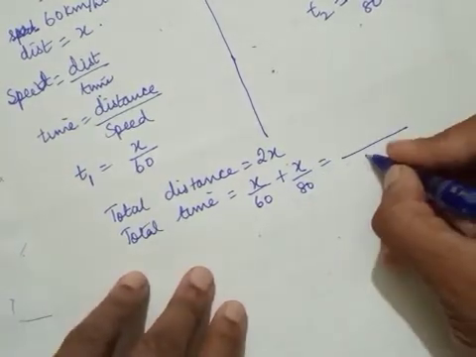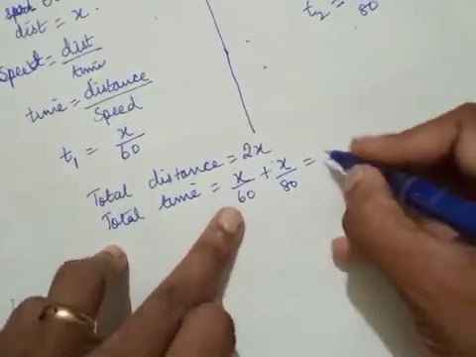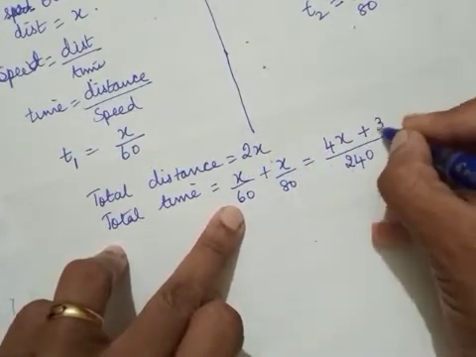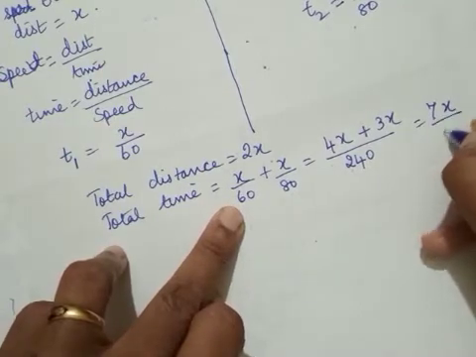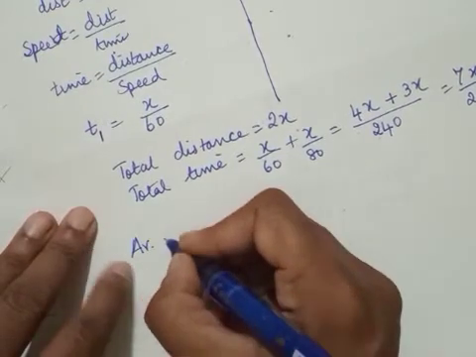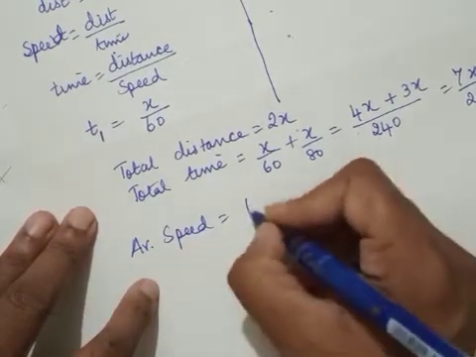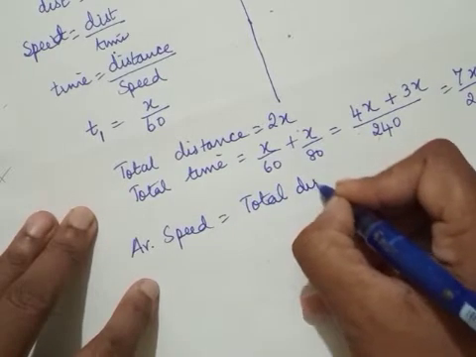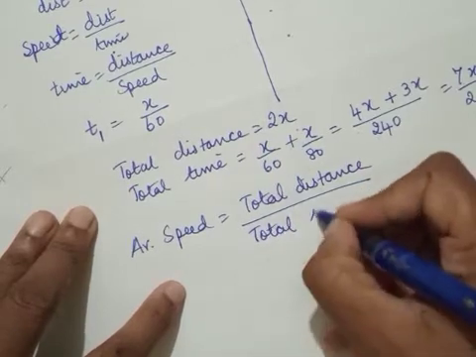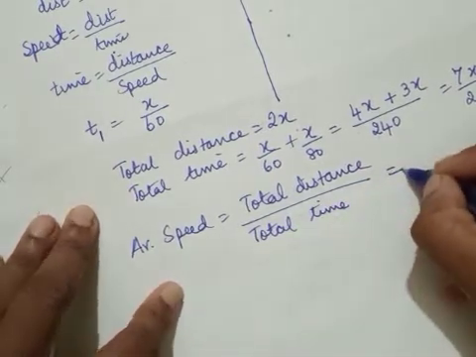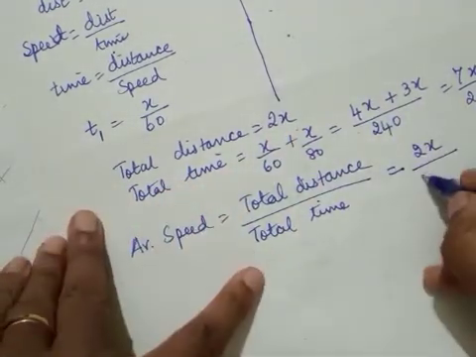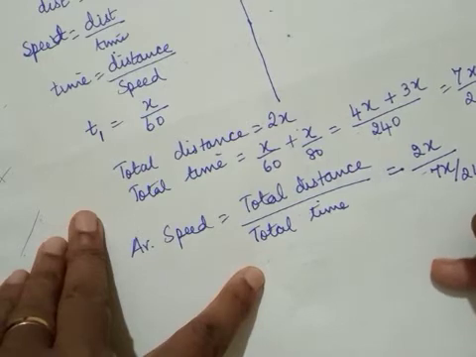If you take LCM, 240, 4x into 4 plus 3x into 3, so 7x by 240. Keep it like that. Now average speed is equal to total distance upon total time, which is equal to 2x upon 7x by 240.